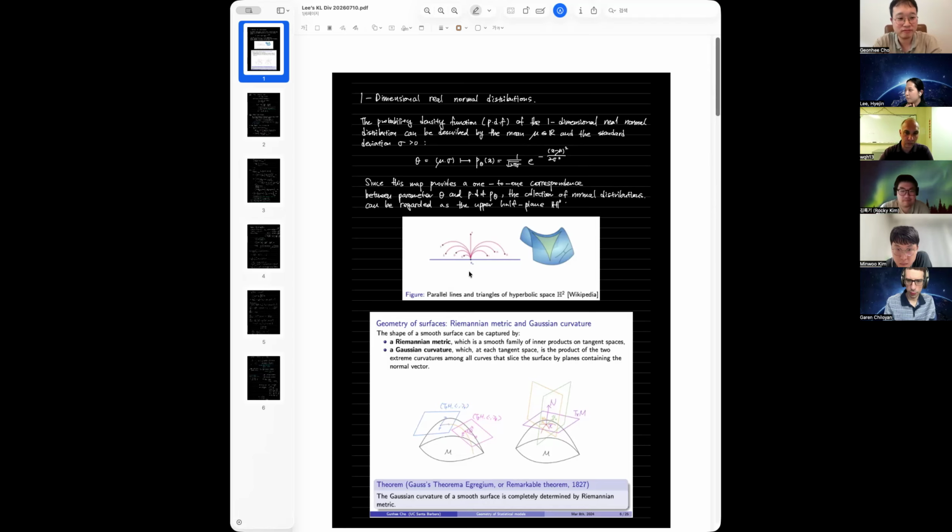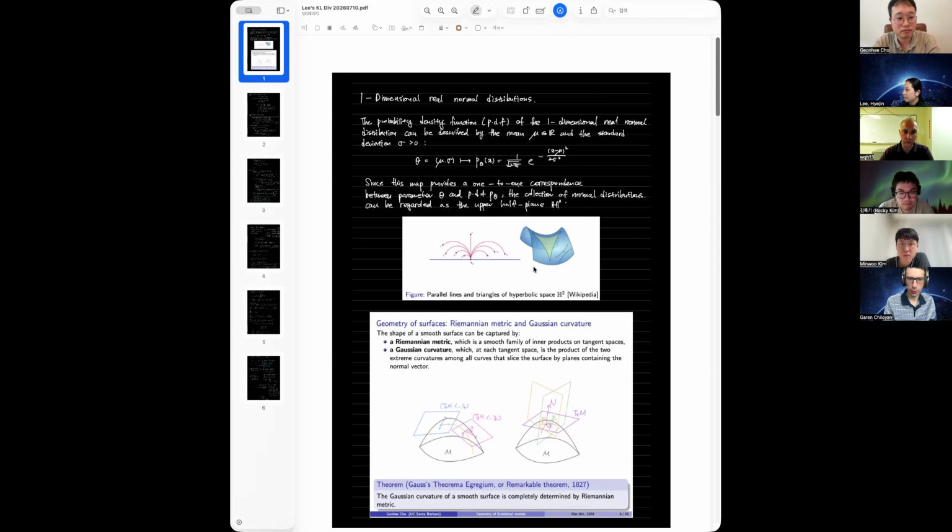the upper half plane. I don't know about hyperbolic space as well, but the goal is to show that the Fisher information metric on this normal family is closely related to the Poincare upper half plane metric.